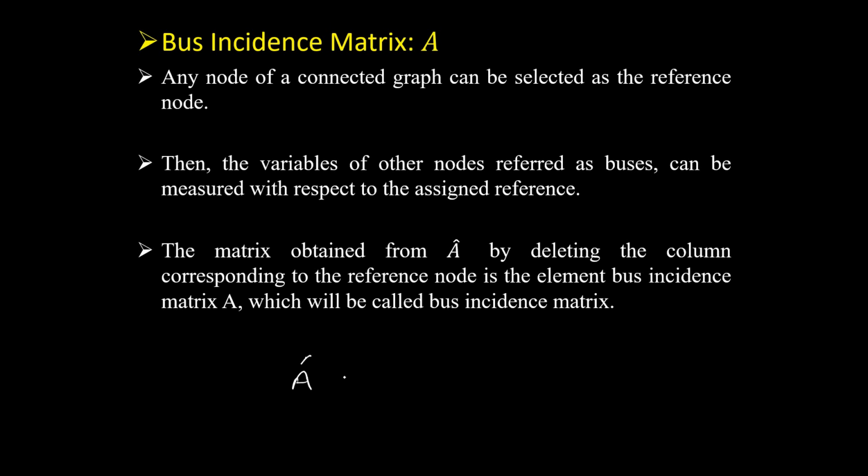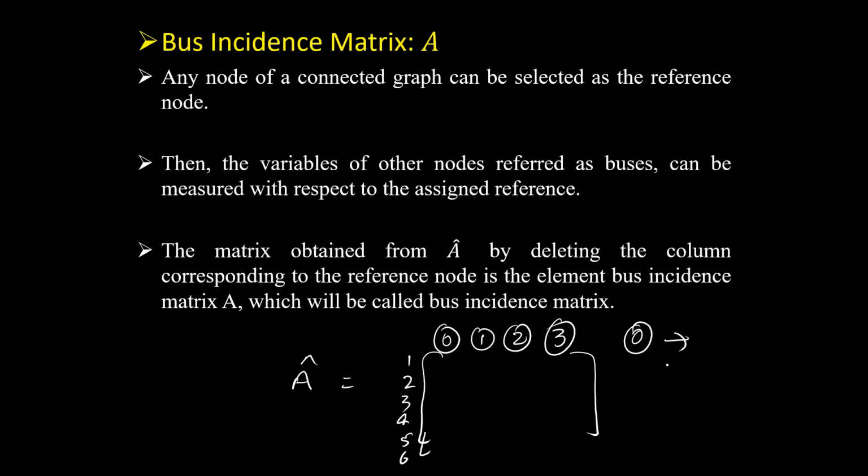Now, coming to how to form this incidence matrix, you know that we have formed the A cap matrix based upon the number of elements and the number of nodes. Suppose I have considered all the nodes present in the graph. Whichever node we consider as a reference node, I may consider the 0 node as a reference, or the first node, second node, or third node.